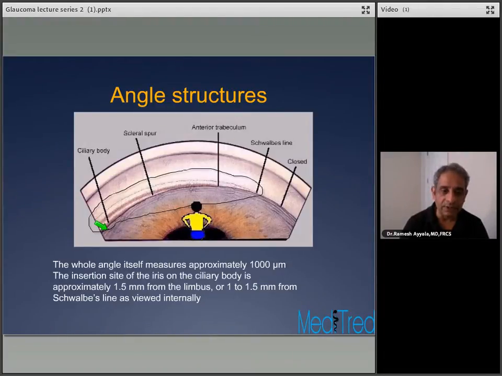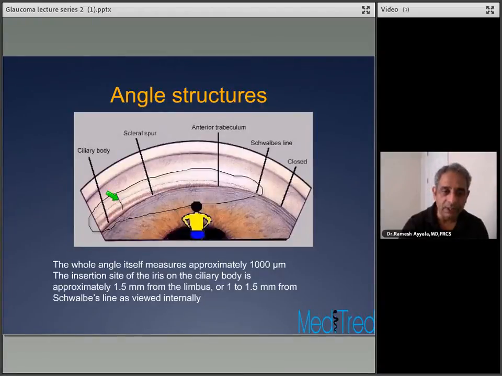The insertion site of the iris on the ciliary body is approximately 1.5 millimeters from the limbus, or 1.5 millimeters from the Schwalbe's line as viewed internally. So if you look at the insertion of the iris on the ciliary body, there's the root of the iris. It's approximately 1.5 millimeters from the limbus, or 1.5 millimeters from the Schwalbe's line. Both ways, it's about equidistant roughly.